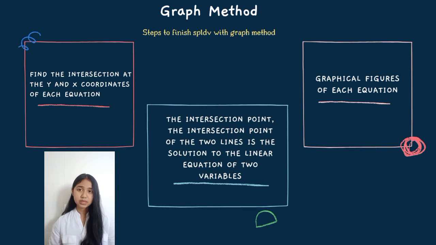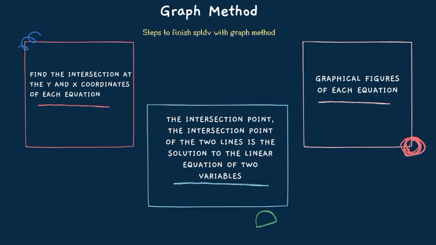For the graph method, there are three steps to solve SPLDV. Number 1, find the intersection points at the x and y coordinates of each equation. Number 2, draw the graph of each equation. Number 3, the intersection point of the two lines is the solution of the linear equation of two variables.